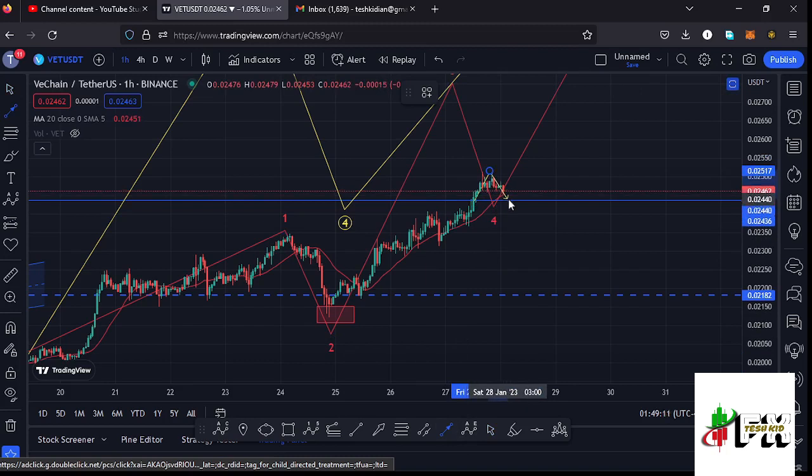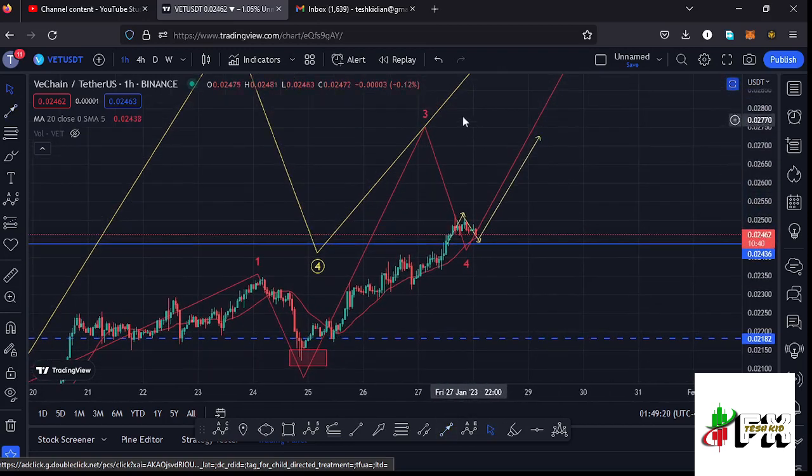And I believe that is what is playing out at the moment. And once the retest is in and a success, then I will expect another bounce to the upside to also fully maximize our target area to the upside in the formation of that wave 3.